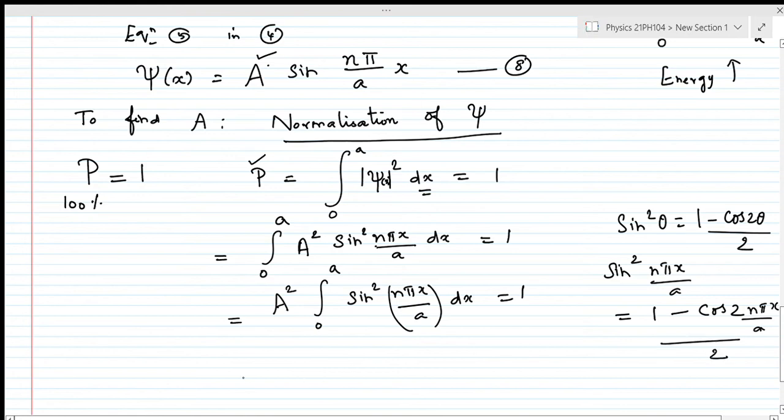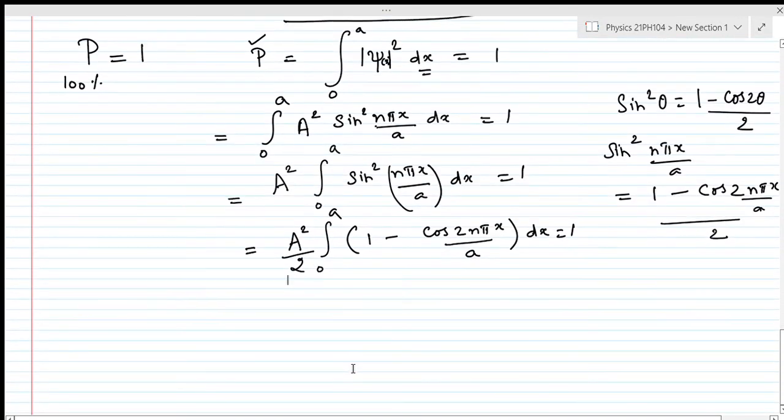So substituting that here, we will get A squared integral 0 to a of (1 minus cos 2 n pi x by a) dx divided by 2 is equal to 1. I am taking this 2 over, A squared by 2 here.